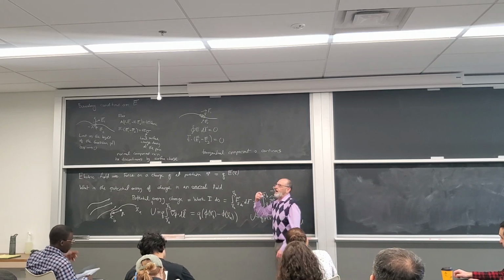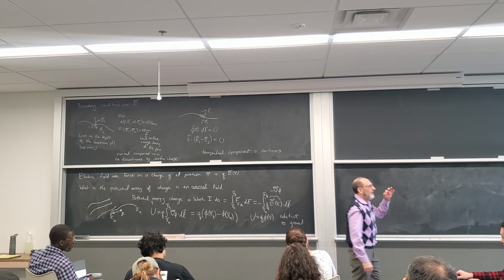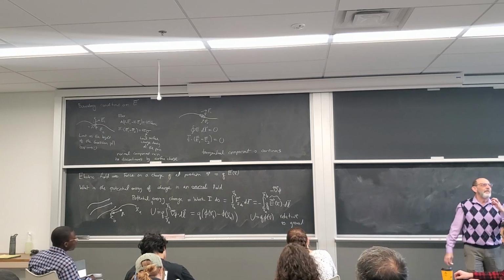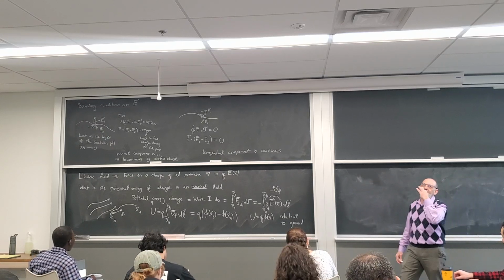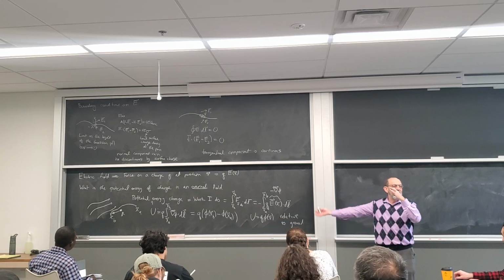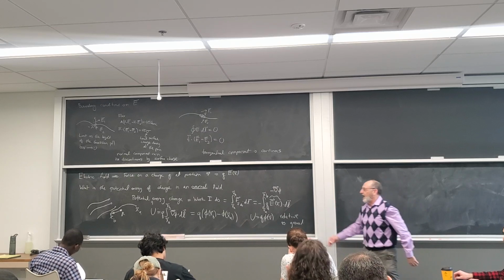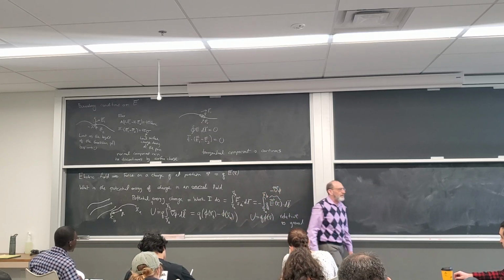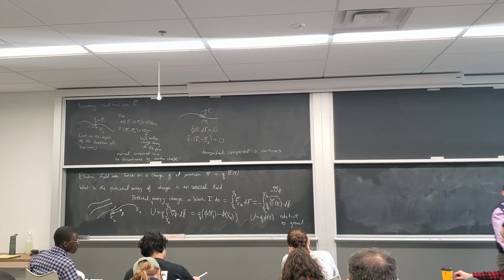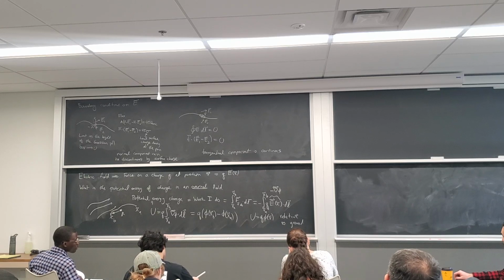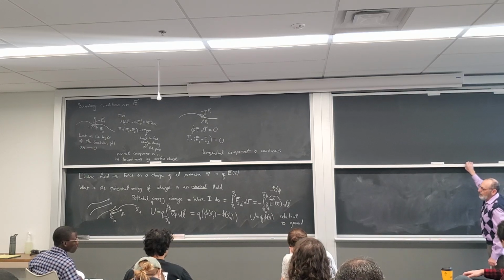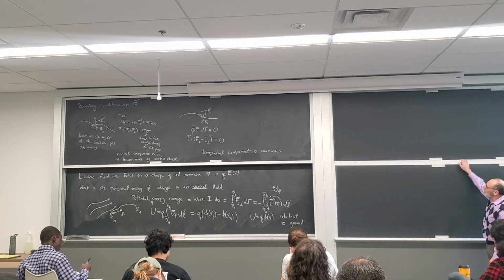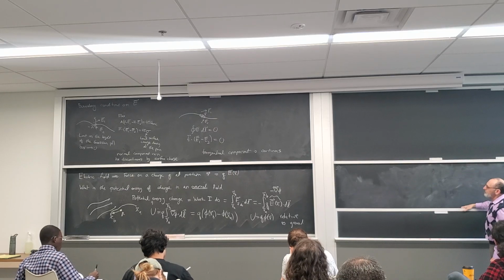So if I'm looking at the potential at some point, when we say it has so many volts, we're saying it has so many volts relative to ground, where XA is a position where the potential is 0, okay?